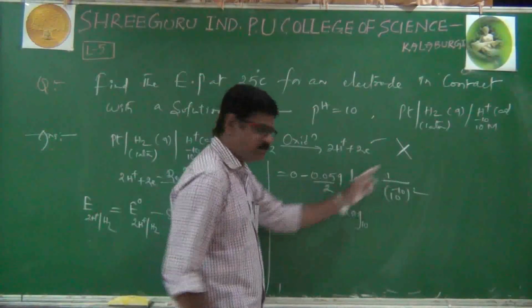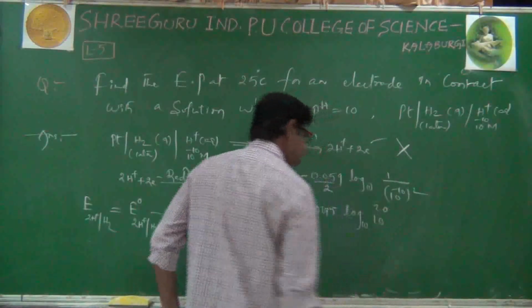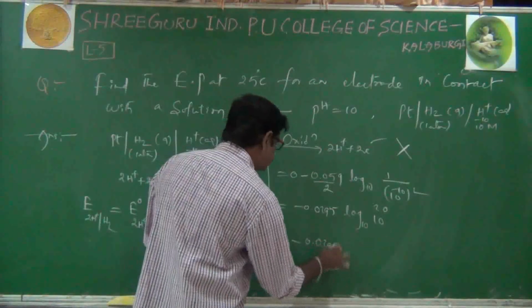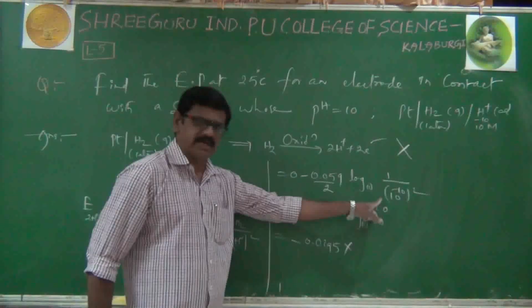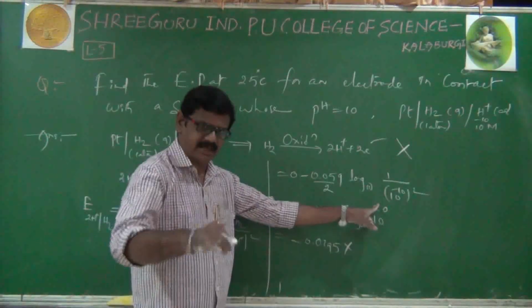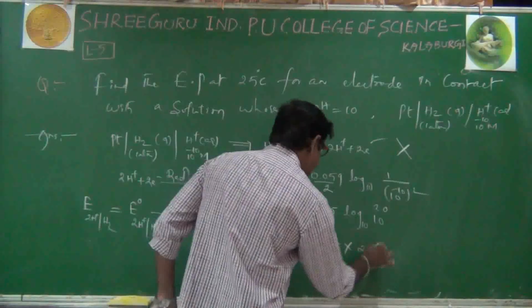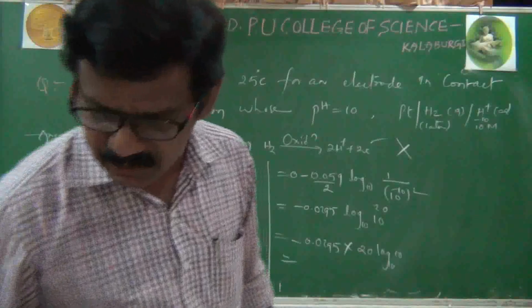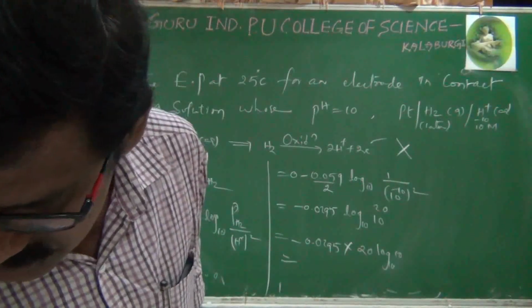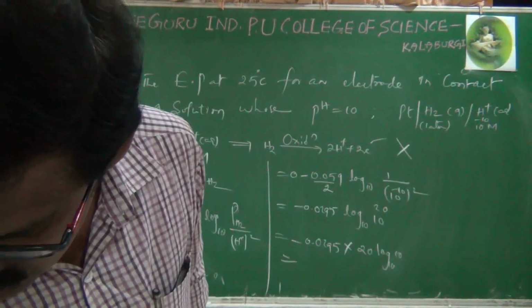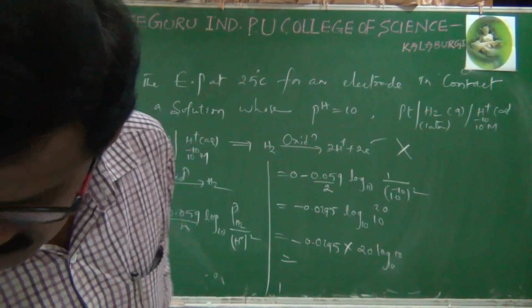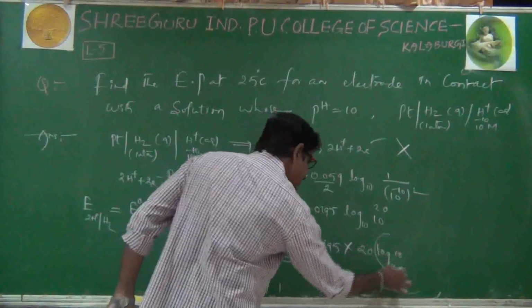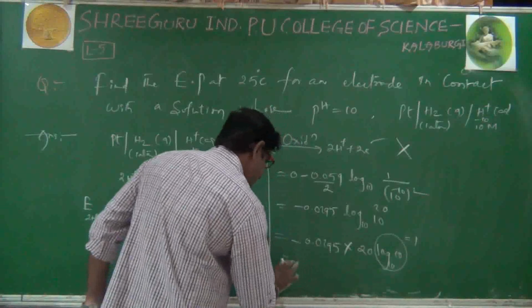If you shift it to the numerator, it becomes 10 to the power of 20. So minus 0.0295 into log 10 to the power of 20. Log m to the power of n is nothing but n log m, so 20 log 10 base 10. Of course, log 10 base 10 is 1. If you multiply, you will get minus 0.59.